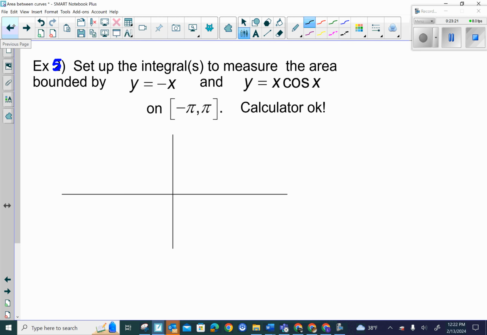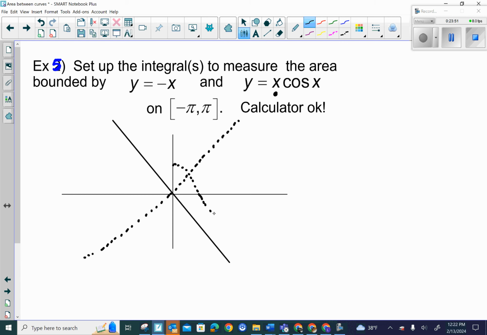One last one. Set up the integrals to measure the area bounded by y equals negative x and y equals x cosine x. So I know that's the graph, and if you remember x cosine x, maybe you do, maybe you don't, that's a lovely stretch where the x curve is the amplitude of my cosine curve.